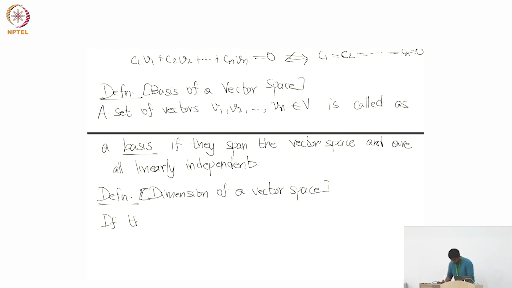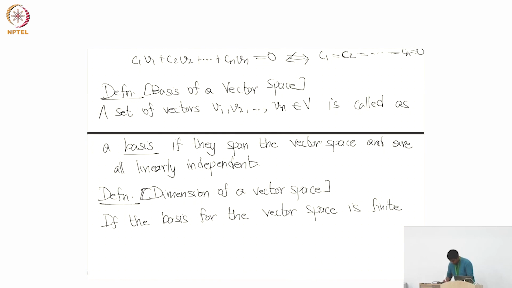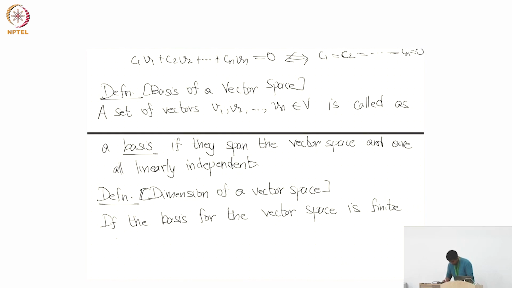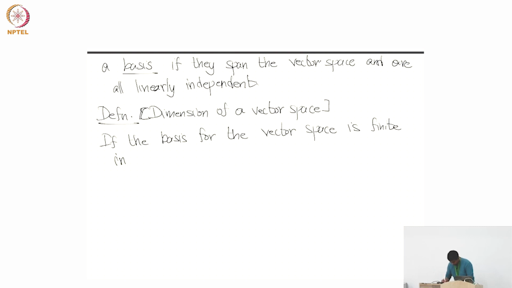If the basis for the vector space is finite in number, their cardinality, the number of such basis elements, is called the dimension of the vector space.